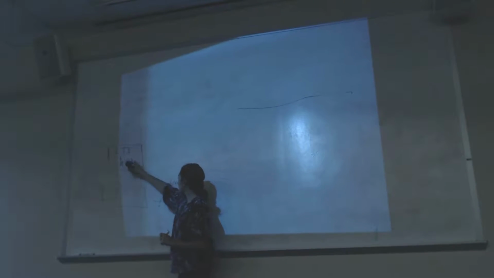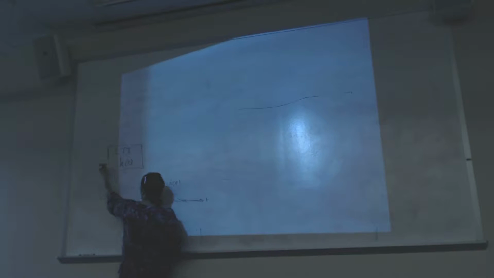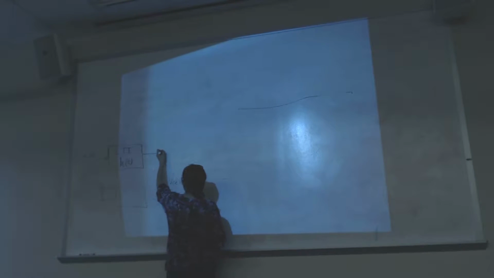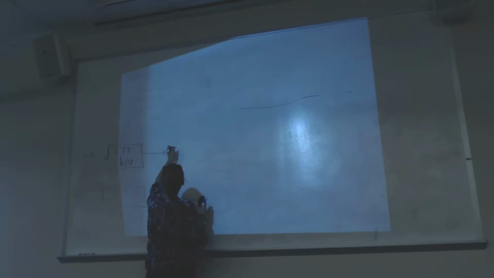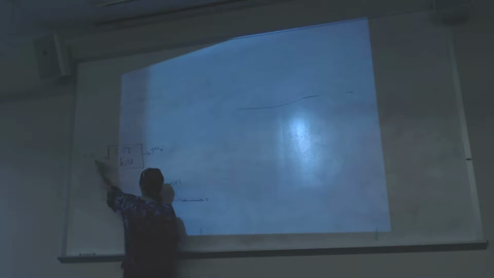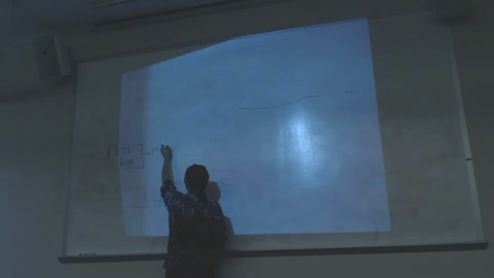Then I just represent my system as h of t, and if you give me any other input, any x of t, how can I get the output? Convolution. Yes, y of t equals x of t convolved with h of t.